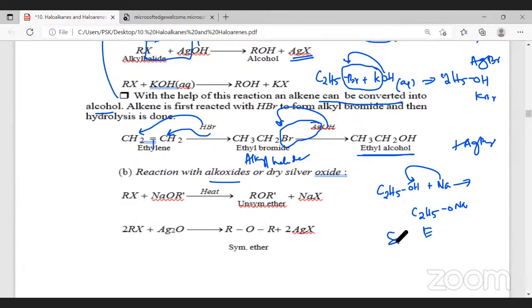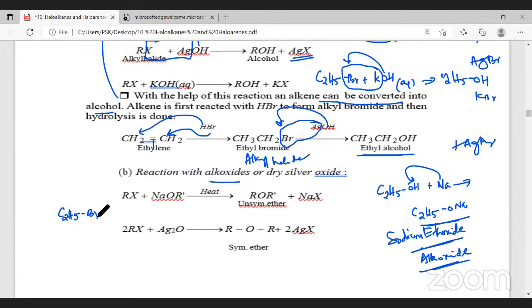This will be called sodium ethoxide. It is an example for alkoxides. Likewise, any alcohol when it's allowed to react with sodium metal, you get sodium alkoxides.